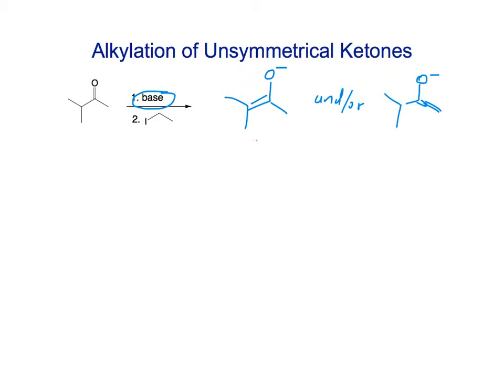If we add our iodoethane to this one, we draw our arrows like this, and like this. And we would have added, let's see, our other ethyl group over here.